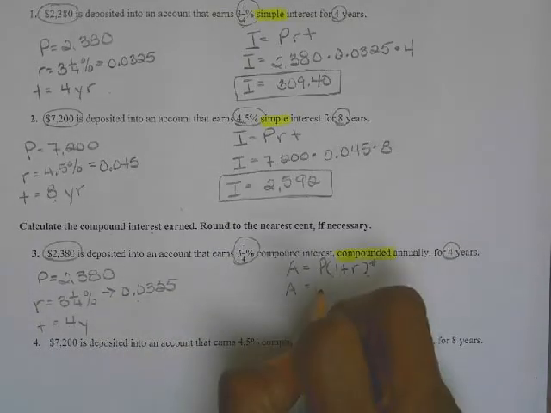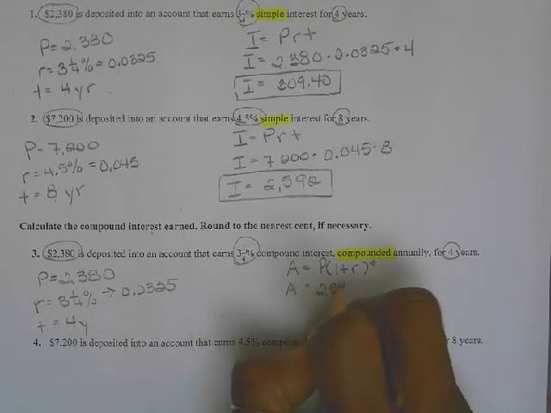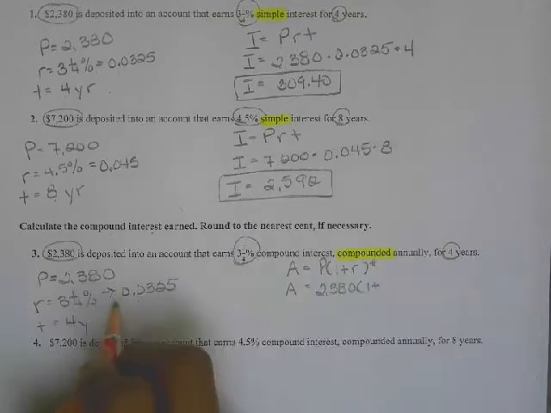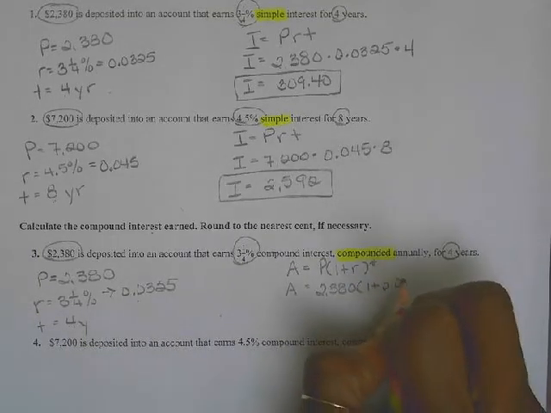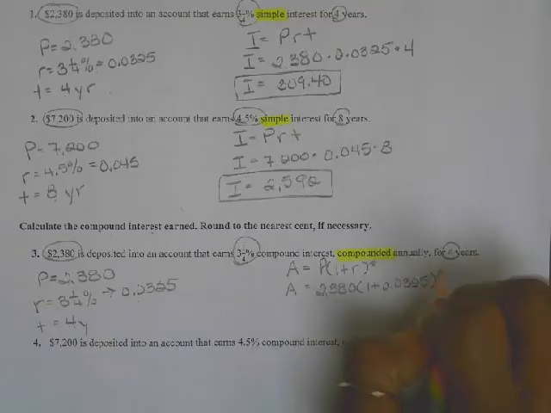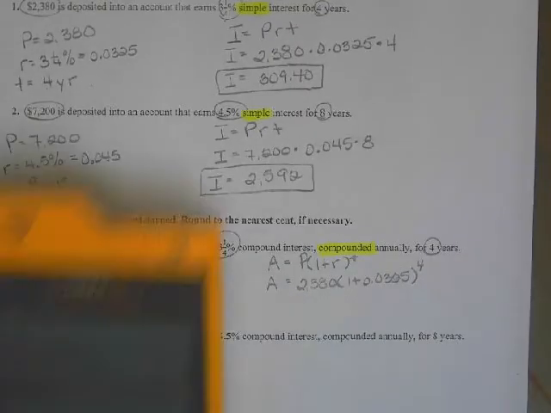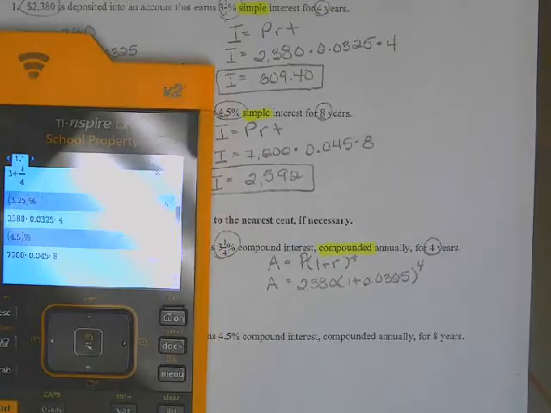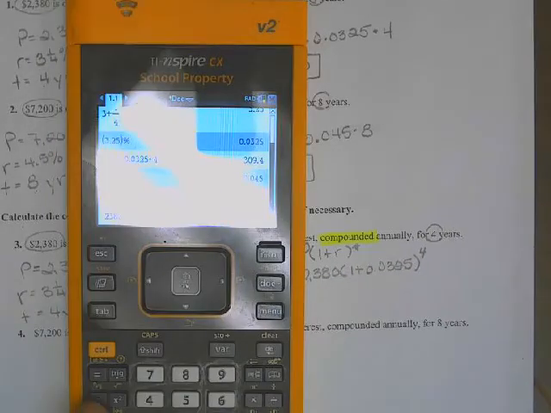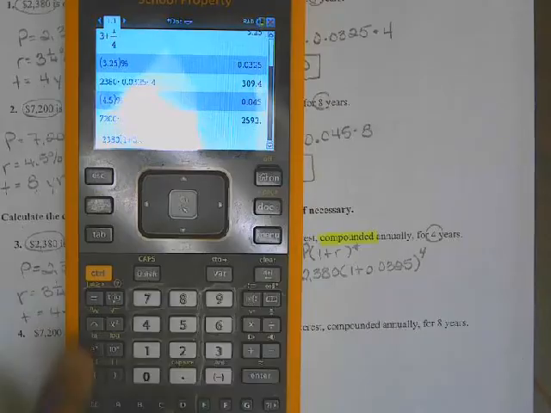So my P, 2380, 1 plus my rate, 0.0325, raised to the fourth power. Okay, so if I put this in my calculator, I have 2380 times 1 plus 0.0325, and if we don't know what button it is to change from just to 2, it's this one right here.